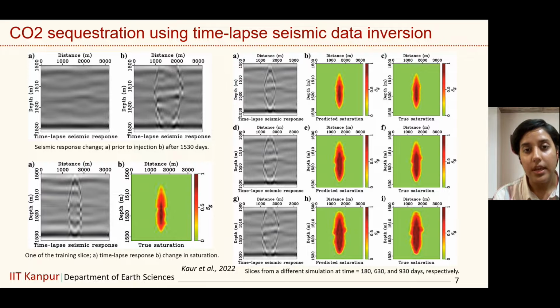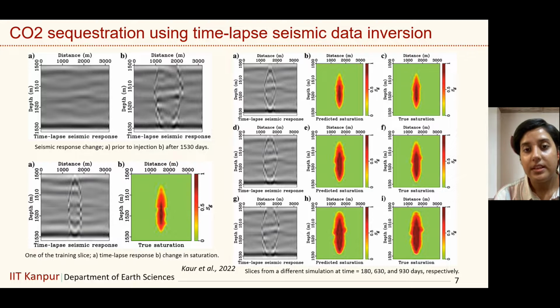First, A, B, C is for 180 days, and then after 630 days they again did the simulation, and then after 930 days. And here, the first is the time-lapse response section. Second is the saturation predicted by the neural network that they employed, and C is the true saturation, that is the true result.